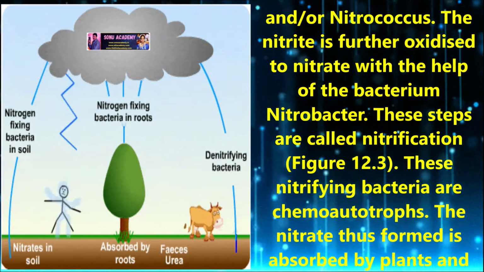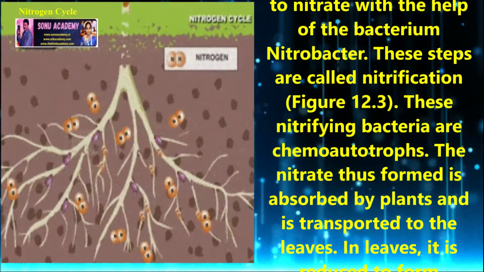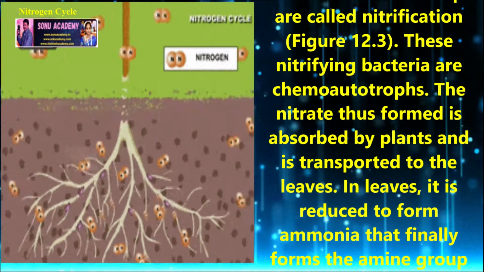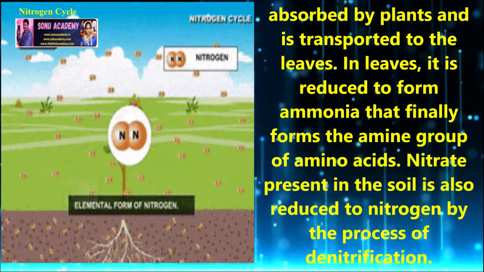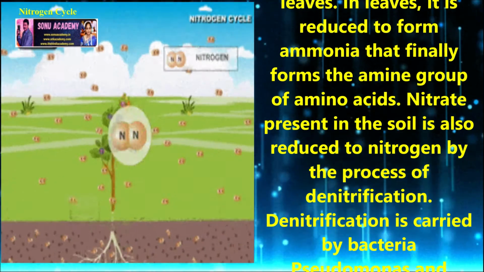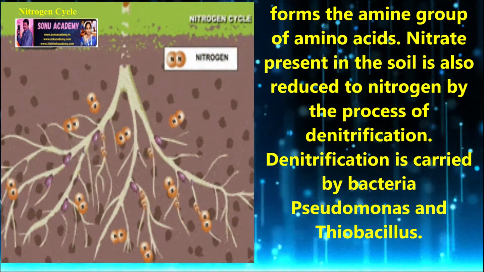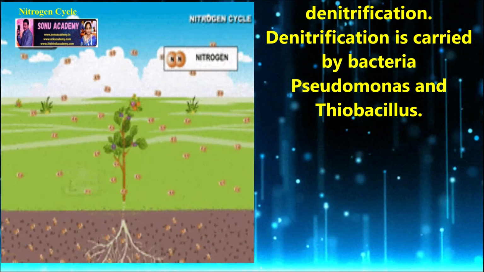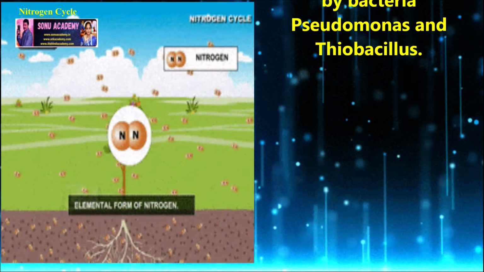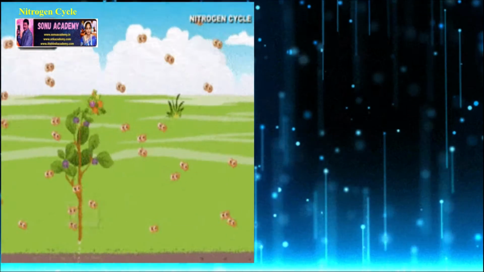In leaves it is reduced to form ammonia that finally forms the amine group of amino acids. Nitrate present in the soil is also reduced to nitrogen by the process of denitrification. Denitrification is carried out by the bacteria Pseudomonas and Thiobacillus.